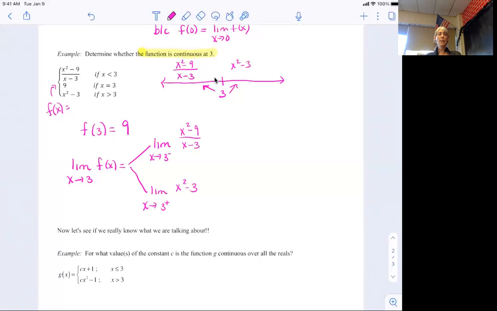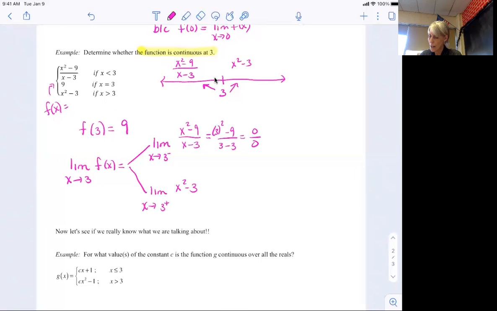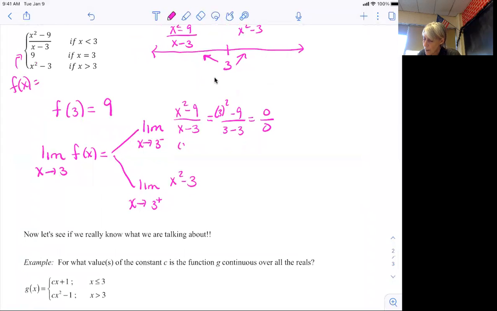When I evaluate 3 from the left, I'm starting with just plugging in. 3 squared minus 9 over 3 minus 3. 0 over 0. Since I didn't get an answer the first time around, I have to factor and try again.